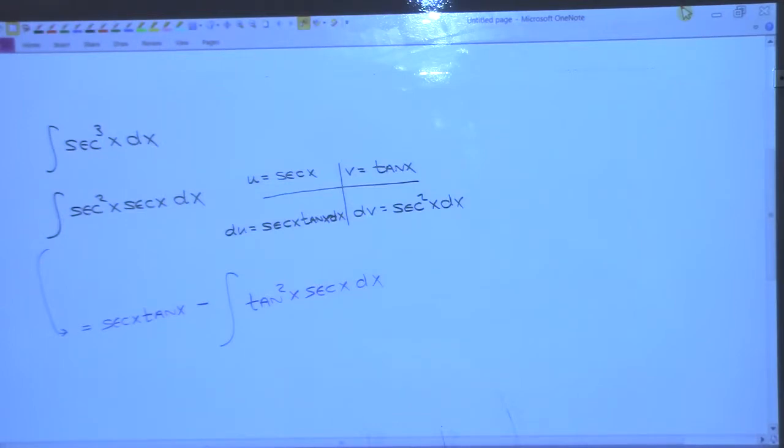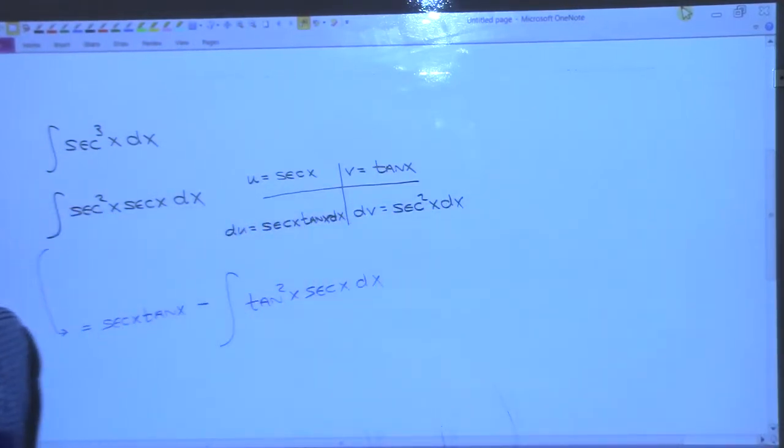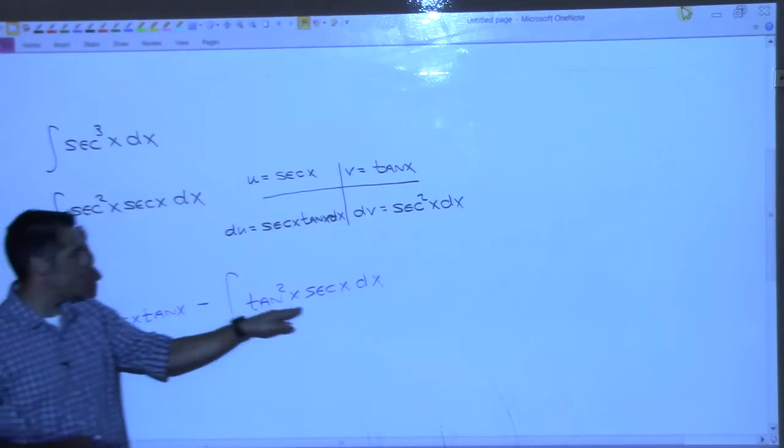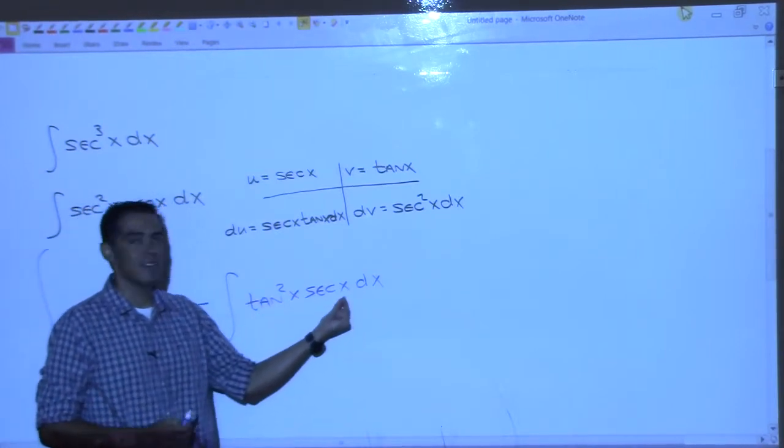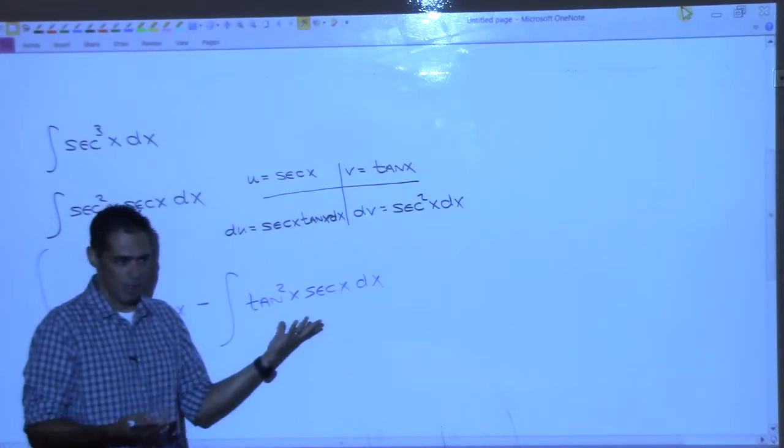So we could do tangent squared x, the identity is secant squared x minus 1. We could replace tangent squared x with secant squared x minus 1, couldn't we? Yep. Now, I don't see anything as far as peeling things off. This secant x dx is not the derivative of tangent, so we can't do a basic u sub here. Agreed?